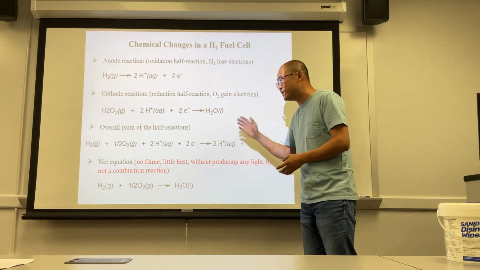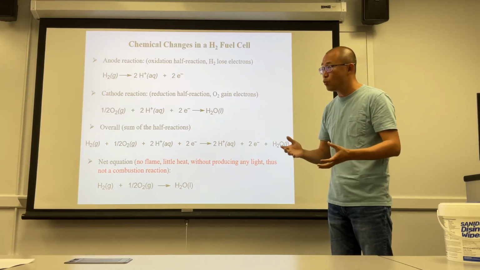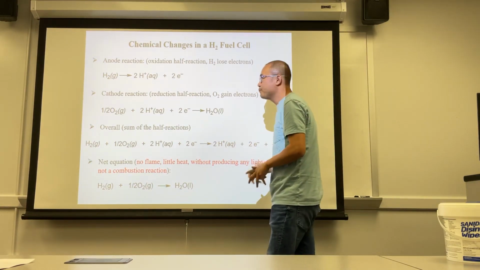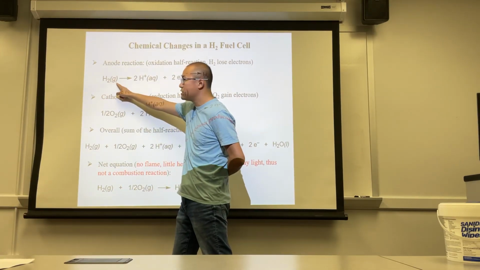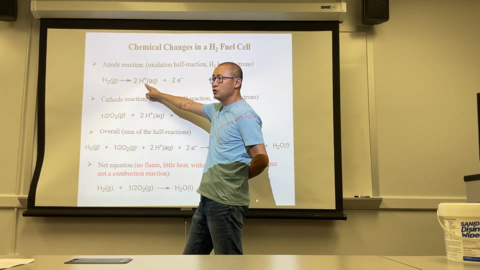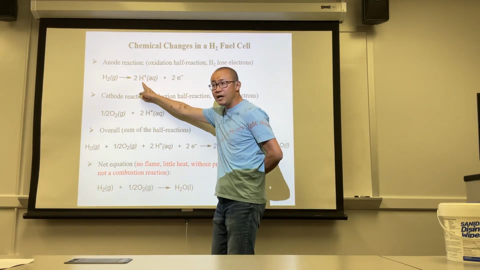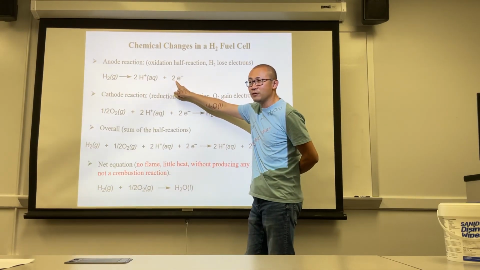Then we go back to the next page. We're going to take a look. What is the principle of a hydrogen fuel cell? How does it work? First, let's take a look at the reaction. In a hydrogen fuel cell, we're using hydrogen gas, which is the fuel. During the process, hydrogen gas, H2, becomes 2 H+. In this process, does hydrogen lose or gain electrons?